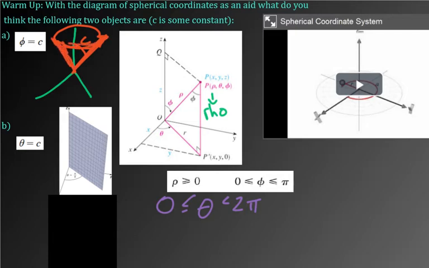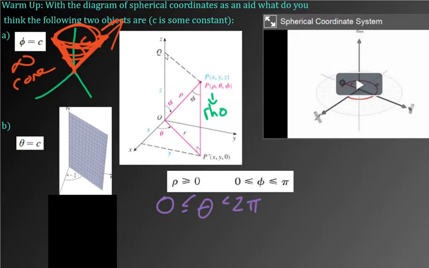You basically get an infinite cone, shooting out forever. You get a skinnier cone if this angle is smaller, and larger if it's larger. That's the equation of a cone in spherical coordinates.